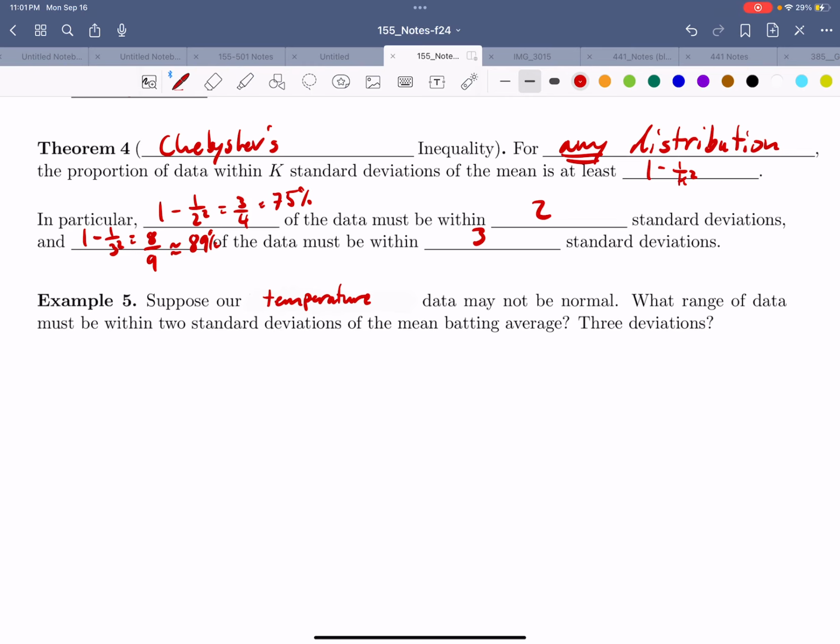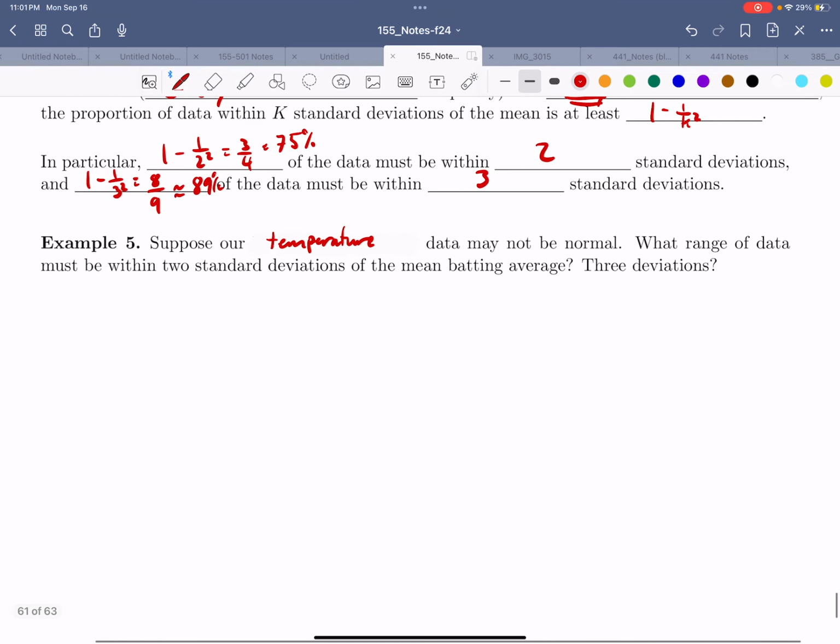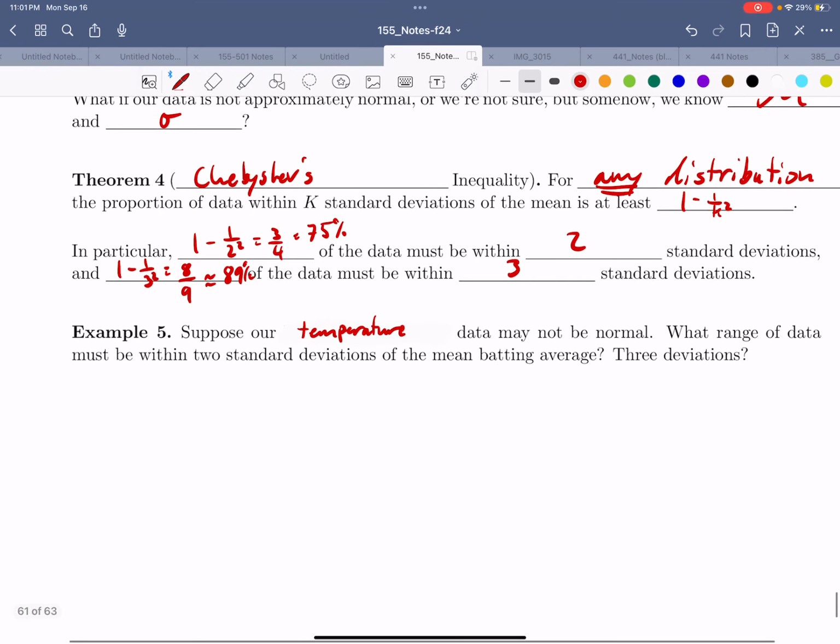What range of data must be within 2 standard deviations of the mean? What about 3 standard deviations? Well, we know for San Francisco that the mean equals 57.5, and we know that the standard deviation equals approximately 3.9.